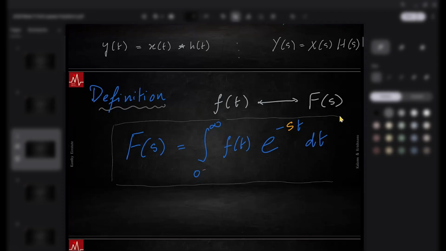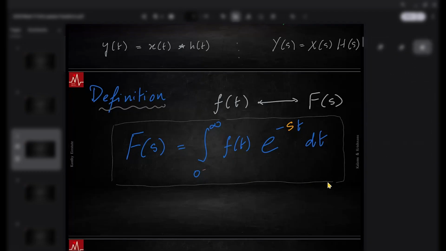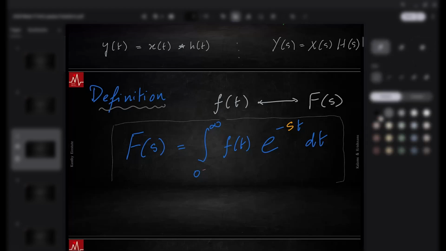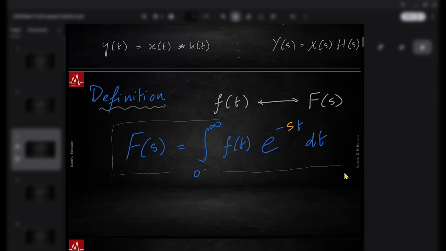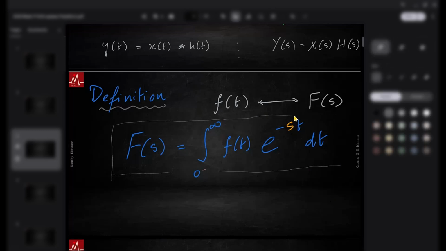Often the definition itself is not useful for GATE, but it helps you see things. So one is the dummy variable disappears upon integration. That we could easily see.